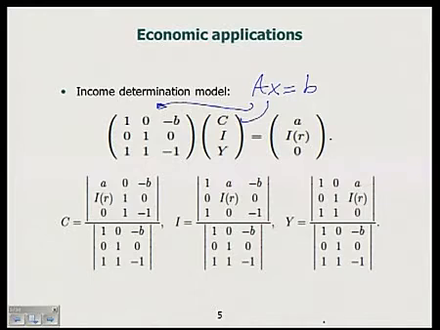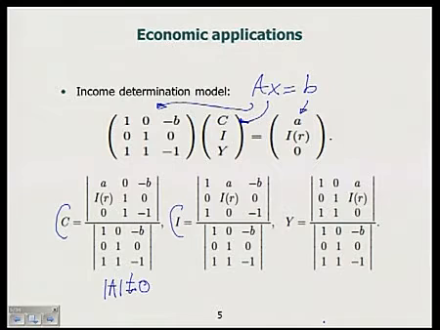The column of variables is this one, and the column of parameters is B. And the determinant of A must not be 0 if we want to compute C, I, and Y. Capital C, capital I, capital Y.